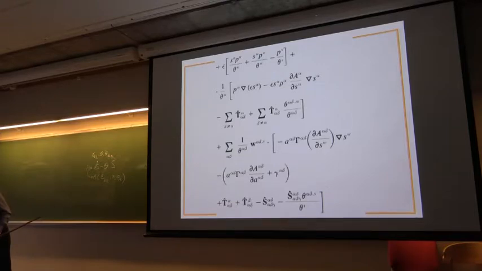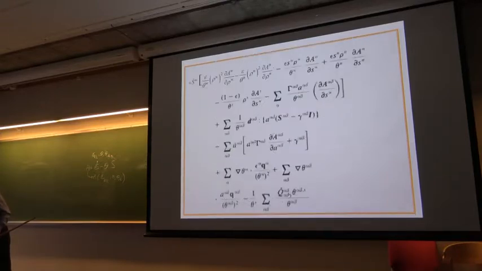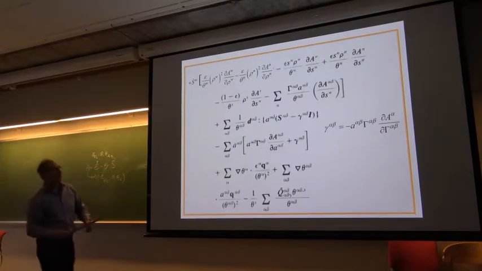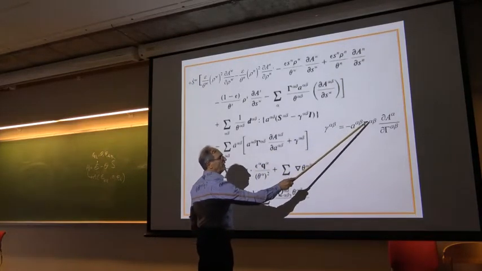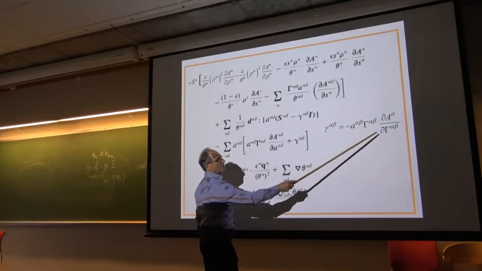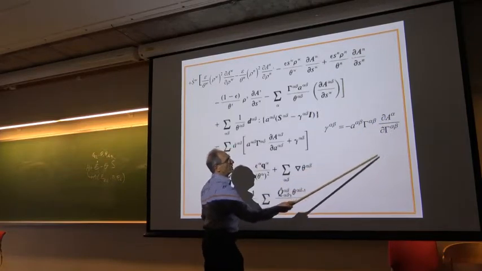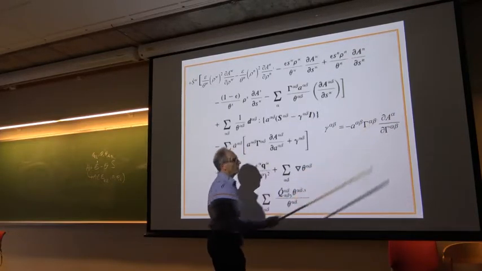What happened? I had it. Oh, okay, yeah, it's here. So it wasn't gamma originally, it was minus A gamma dA, the energy with the alpha beta, you see?